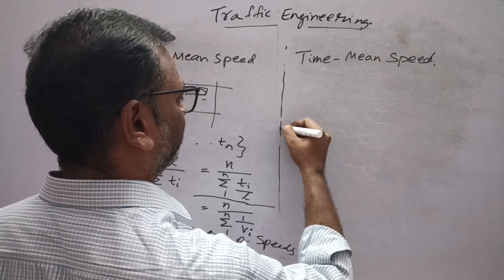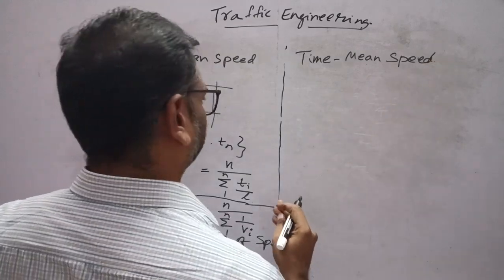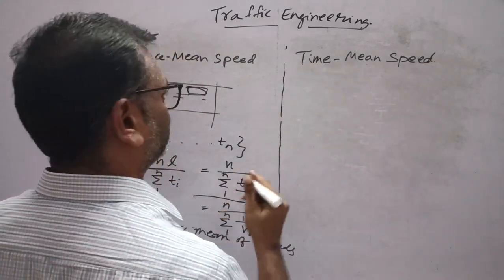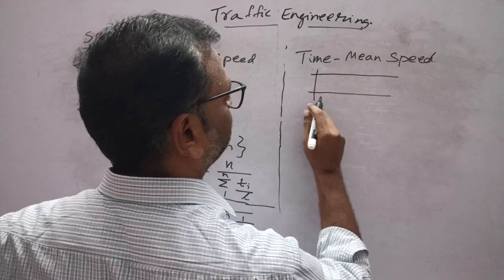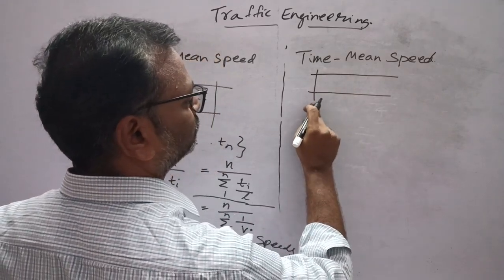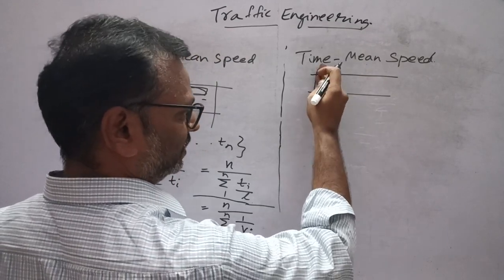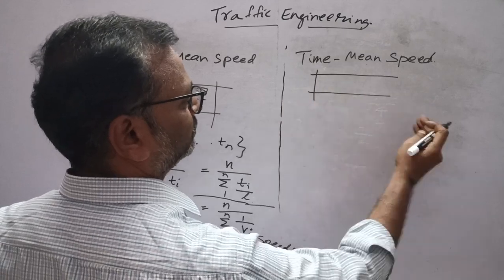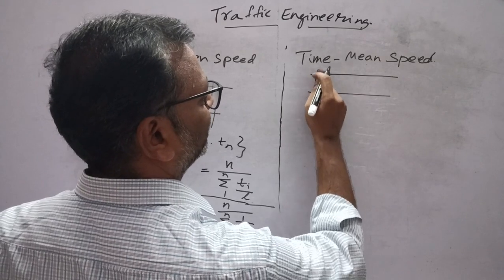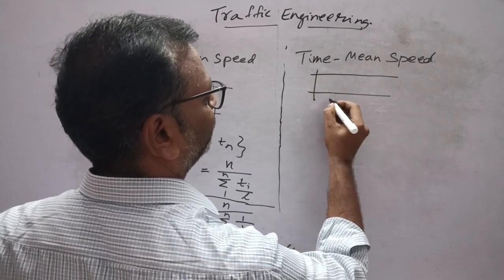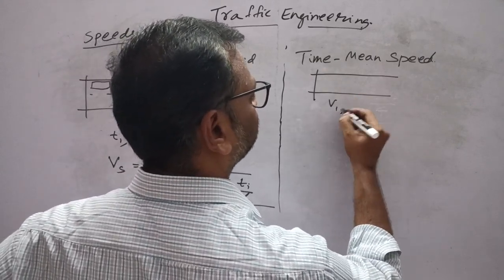Now you will see time mean speed. As the name itself suggests, we are taking spot speeds. Directly we are measuring the spot speed at a particular time gap, and here we are calculating speeds of all the vehicles crossing this particular area.